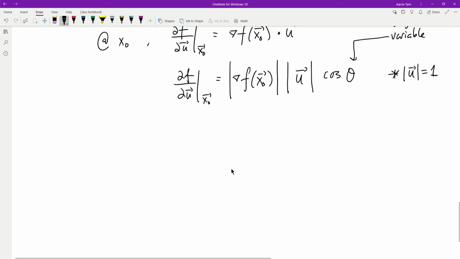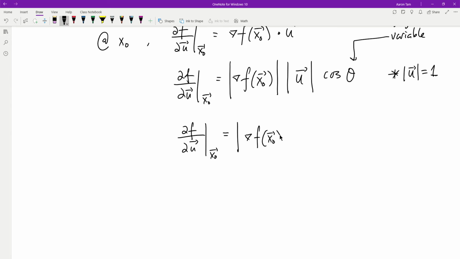So therefore, meaning that from what I'm looking at right now, the directional derivative is entirely dependent on two things: the gradient vector at x sub 0 and cosine of the angle theta. Okay, so this theta now represents the angle between gradient of f and vector u.